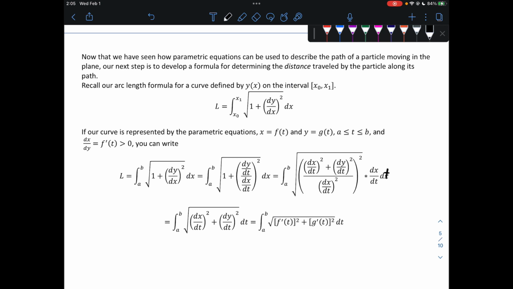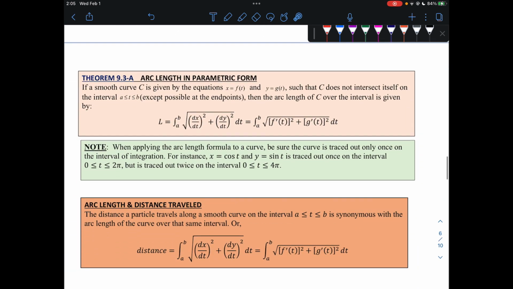And then if we bring this inside the root, we end up canceling out the denominator, and that's how we get here. dx/dt is basically just f prime, and dy/dt is just g prime. So this is our formula for parametric arc length. Parametric arc length formula is right there.